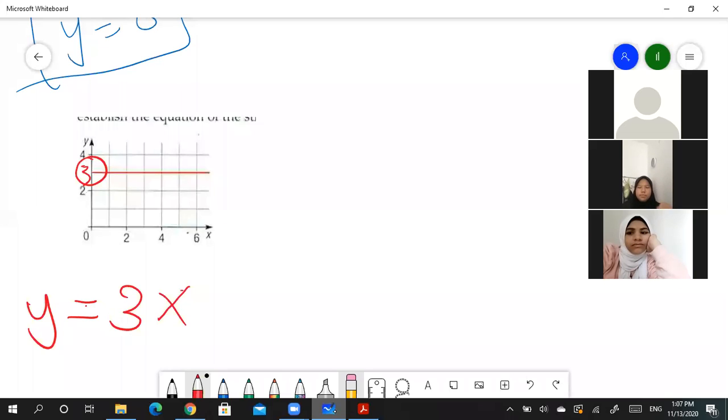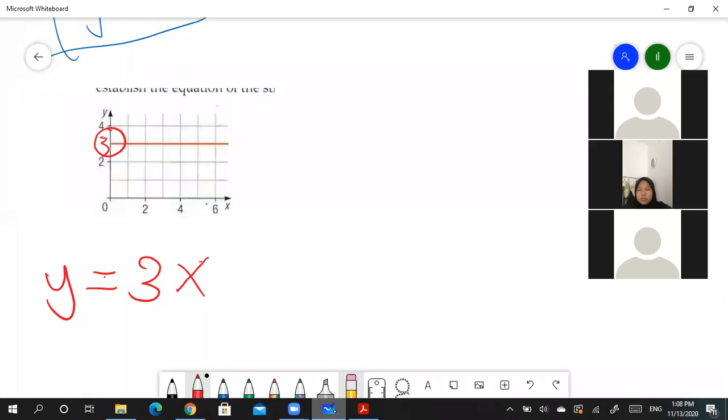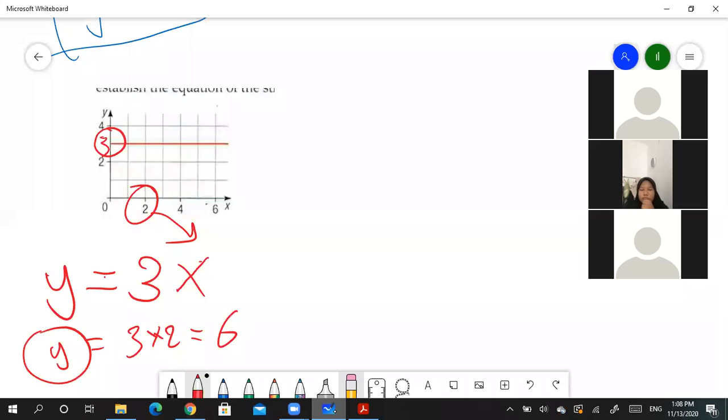If we have x in our function, this will give us a different function of a different line. So if we have, for example, 3x, if we substitute 2 here, it's going to be y equals 3 times 2, which gives us 6. And this is wrong. When x equals 2, y equals 3, not 6.